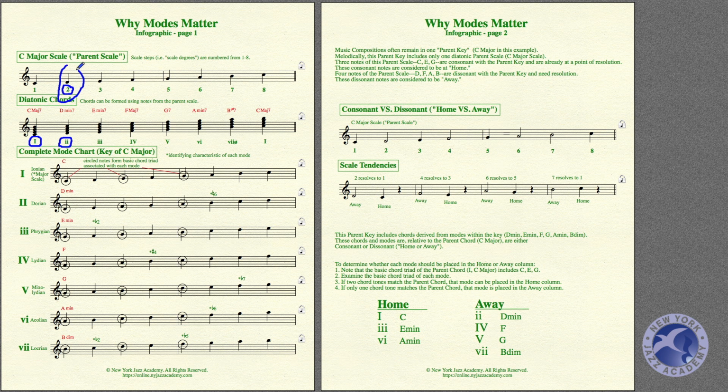We start with D. Then we do F, and then A, and then C. And when we play those notes together, D, F, A, C, we end up playing a D minor 7 chord, right? And there they are, all stacked.